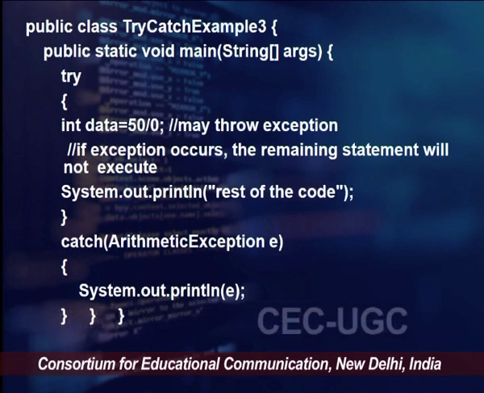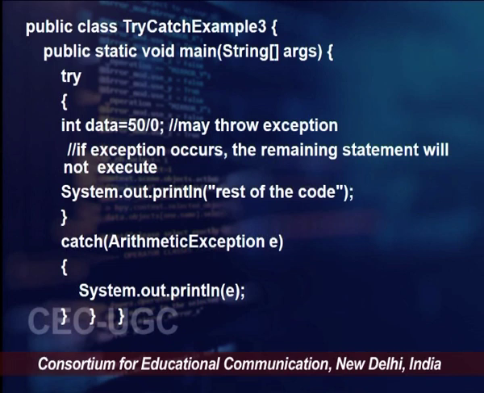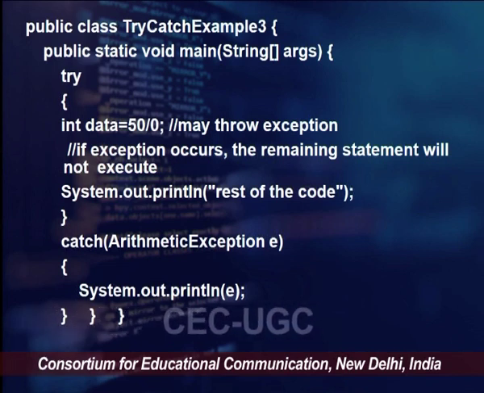So this will just print the ArithmeticException e, which is exception in thread main java.lang.ArithmeticException: / by zero. It is not going to print the statement rest of the code, because if an exception occurs in the try block, the rest of the try block code will not be executed.